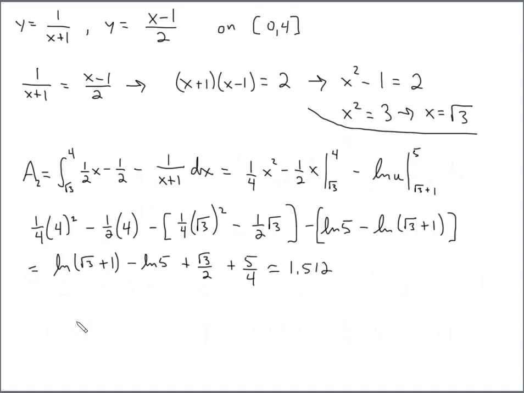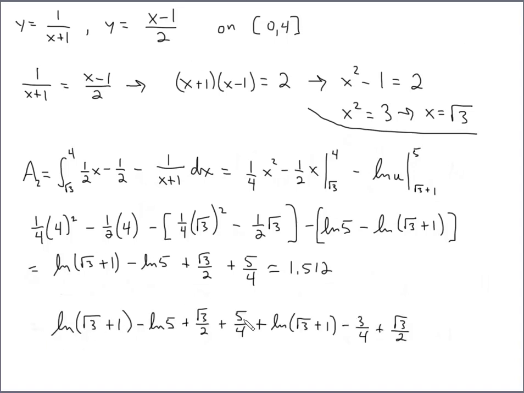So if we take that and we put it together with what we got on the last one, you get this. So up to here, up to the 5/4 is what we just got. That's what we got the last time. There's some like terms here that we can combine, and if we do, we get this, and if you add all that up and approximate it, it is about 2.633.